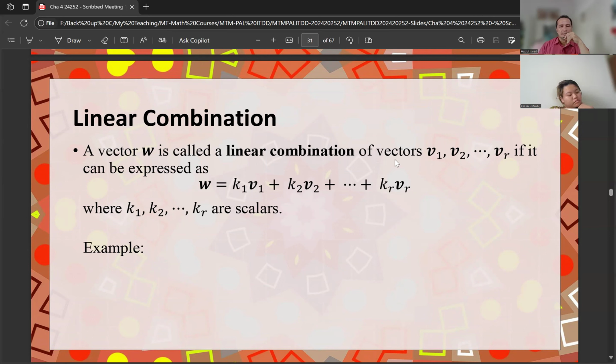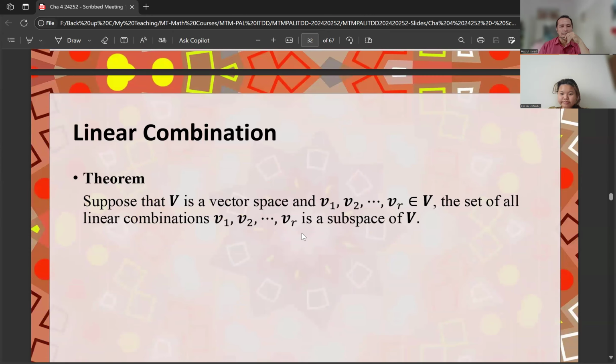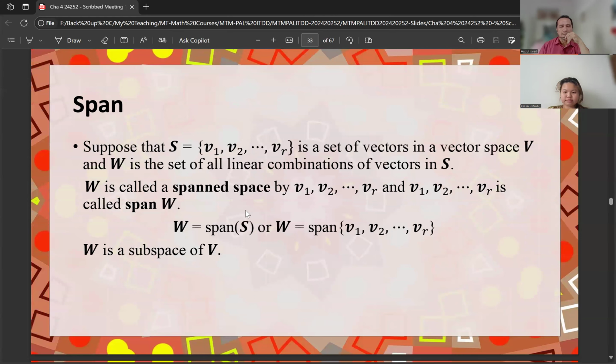The set of vectors v1, v2, up to vr can make another vector w by using a linear combination of them. And all of the linear combinations can make a subspace.